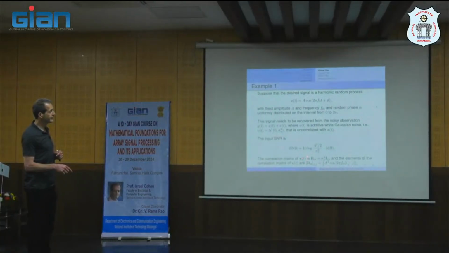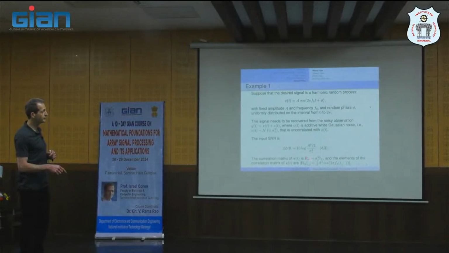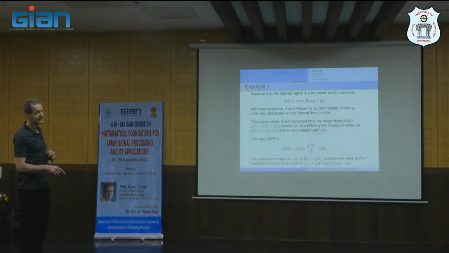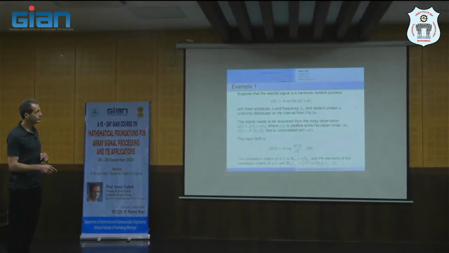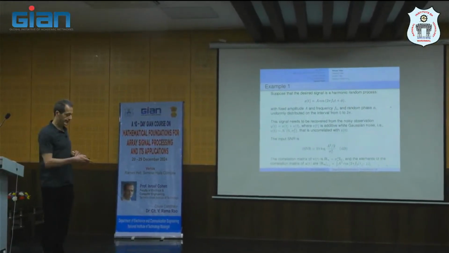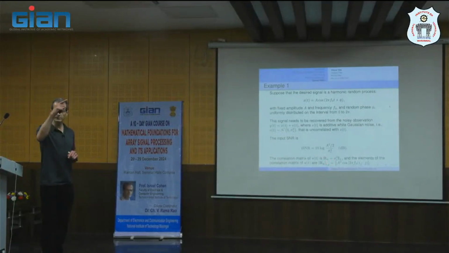And we can also find the correlation matrix Rv for the noise, which is sigma v squared multiplied with the identity matrix, L by L. So it's very easy. Why? Because it's white noise. White noise means that any element on this matrix outside the diagonal is 0.